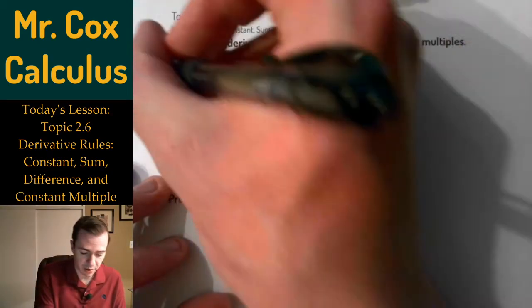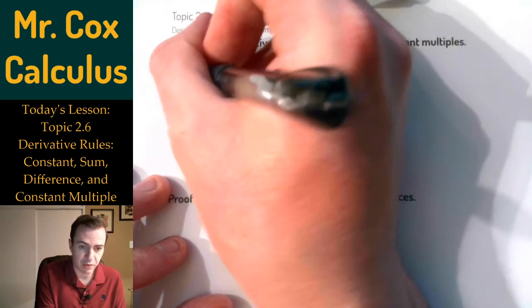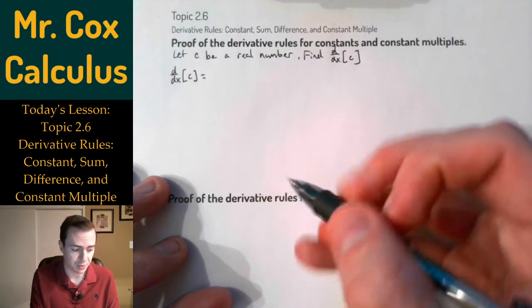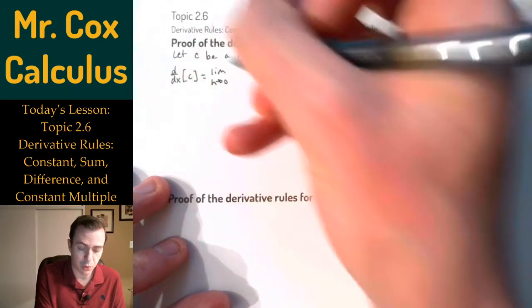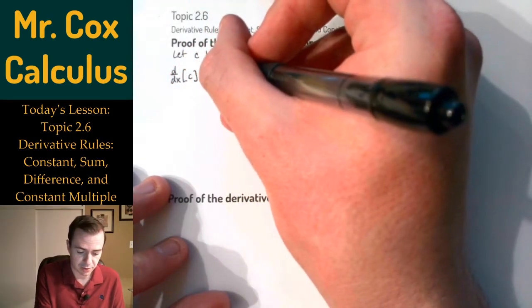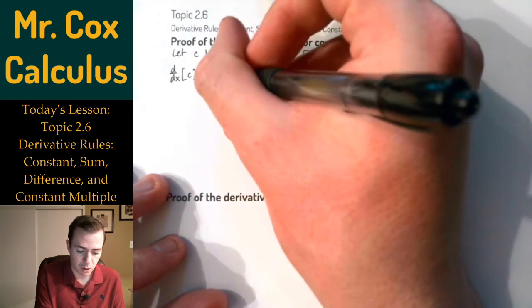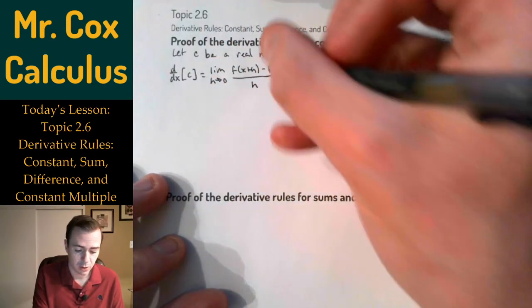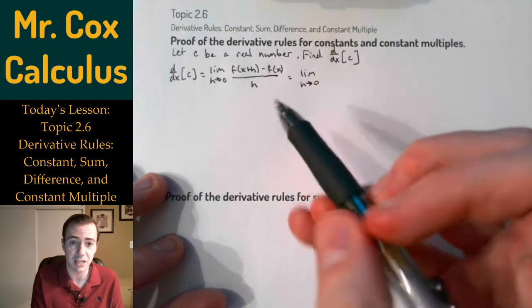Well, the derivative of c, if I use my limit definition, is going to equal the limit as h approaches 0 of f of x plus h minus f of x all over h. Well, let's think about what this is going to look like for my constant value c.